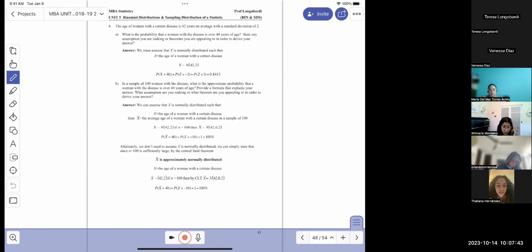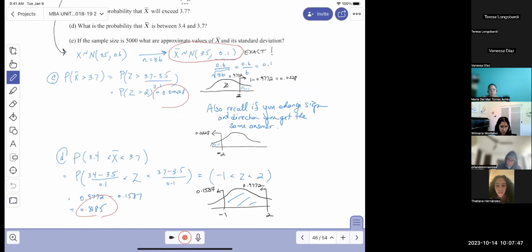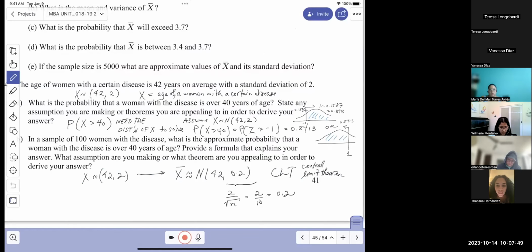N is missing? Oh, I didn't write N? Oh, 100. Yeah, no, I did write N. It's 100, and the square root of 100 is 10. I skipped a step, I guess. Does that answer the question?